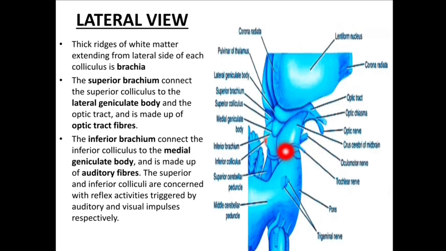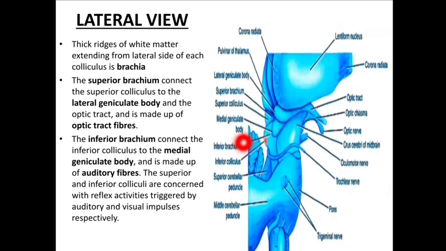Lateral surface of the midbrain. On the lateral surface, thick ridges of white matter extend from the lateral side of each colliculus: the inferior brachium and superior brachium. The superior brachium connects the superior colliculus to the lateral geniculate body and the optic tract, and is made up of optic tract fibers.